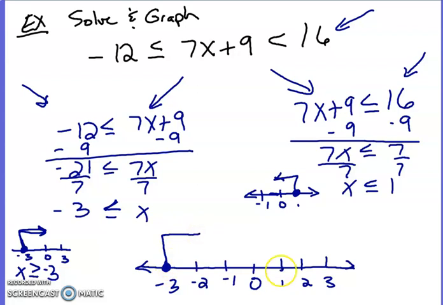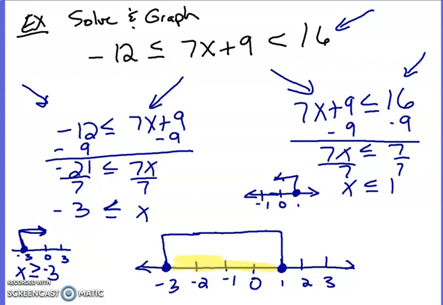This is x is less than or equal to 1, so it's a closed circle at 1, it's less than. So notice x is somewhere where they meet, x is somewhere in between that. You don't shade this, but in one sense, x is in between those 2 points. It could actually include 1, it could actually include negative 3. So x is somewhere in between there.